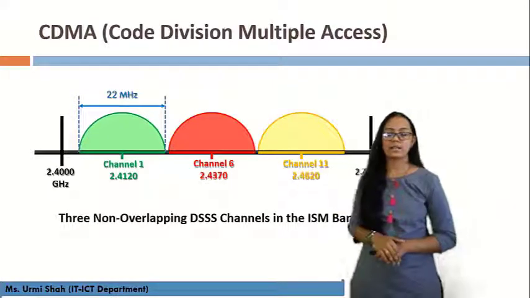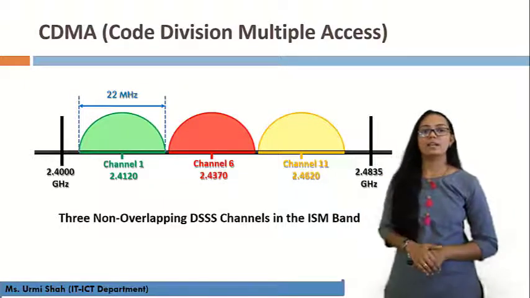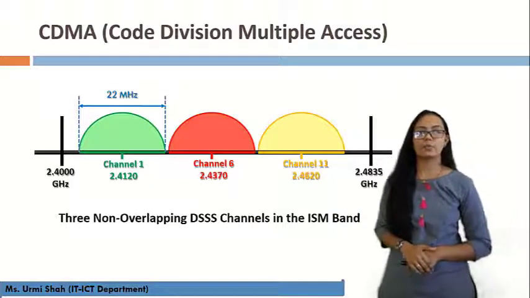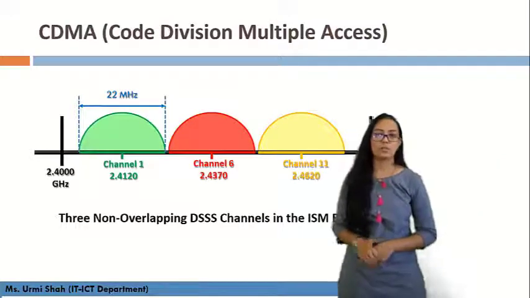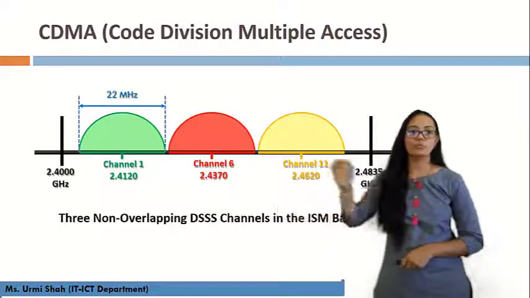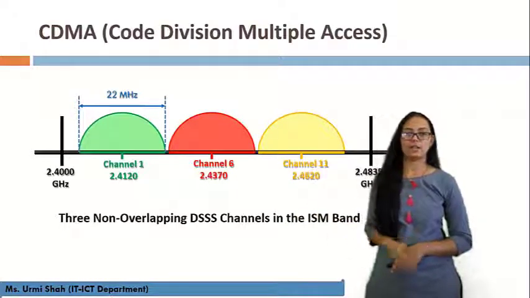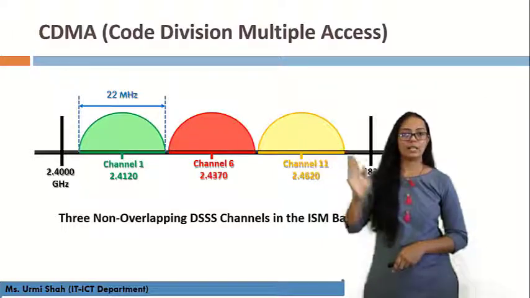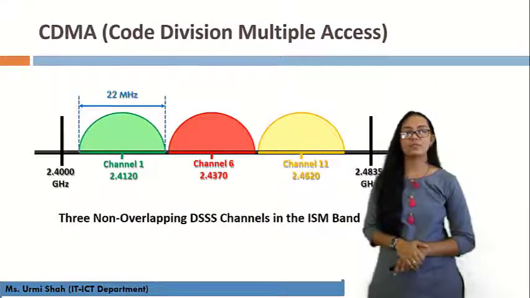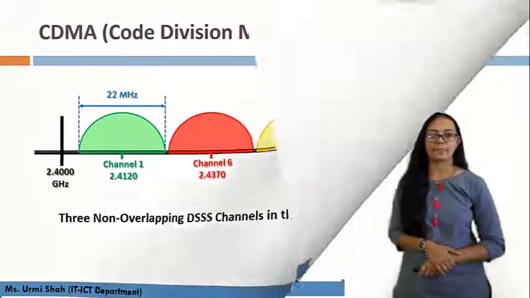Channel 6 is allocated at 2.437 GHz and channel 11 is allocated at 2.462 GHz. So the frequency allocation starts from the 2.4 GHz band for various applications, based on the green, red and yellow shaded portions, based on the frequency allocated by the ISM band.